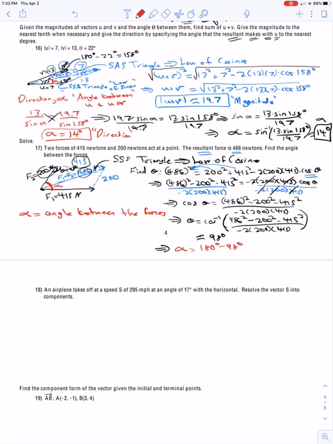Remember, opposite angles are congruent, and any two consecutive angles are supplementary of each other. So it's going to have to be the supplement, 82 degrees. So alpha is 82 degrees. The angle between the forces is an 82 degree angle between those forces. So a good application of vectors.